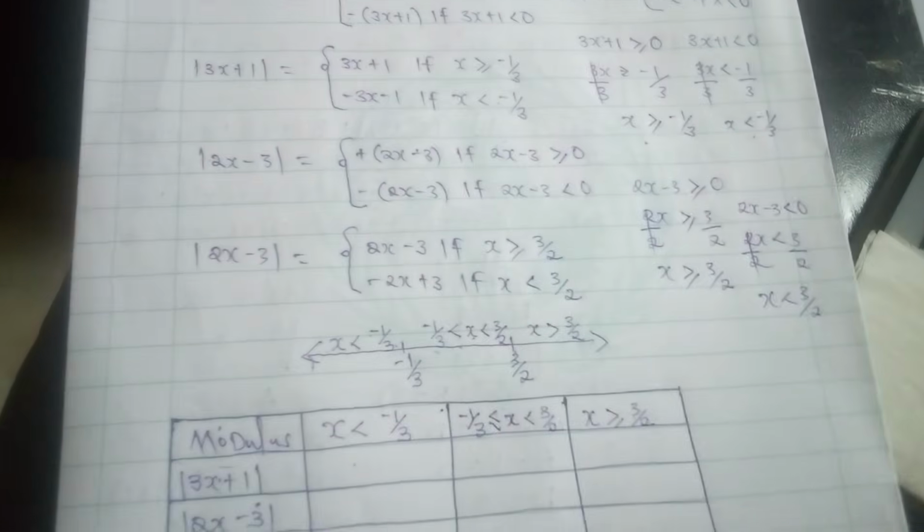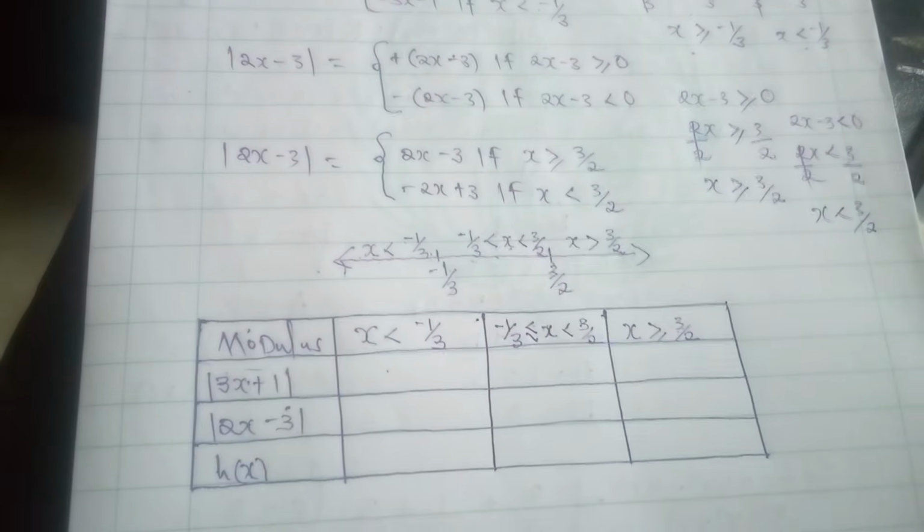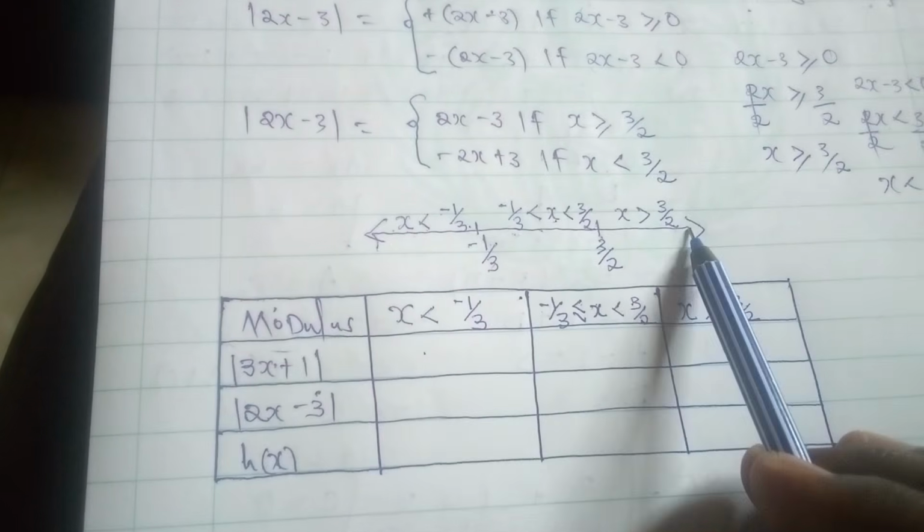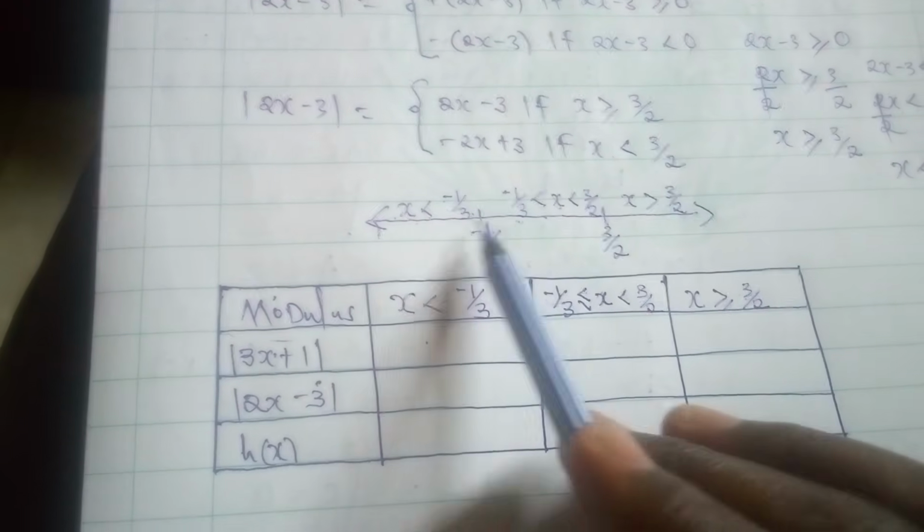So like I said, when you reach this level, you have to draw a number line in that way and indicate the values.